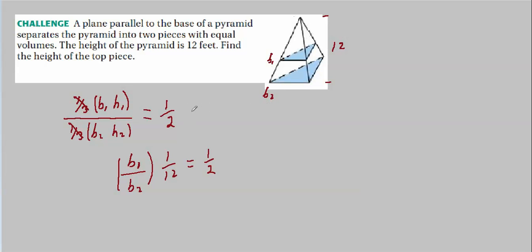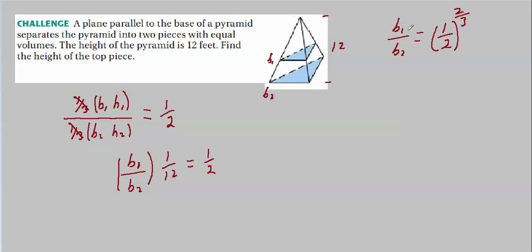In other words, b1 over b2. We don't know b1 or b2, but we know their ratio. We know it has to be 1 over 2. We need the cube root of that, and then squared. The cube root of that will give us the actual scale factor, and then we square it to get the scale factor of the two bases, which are areas.